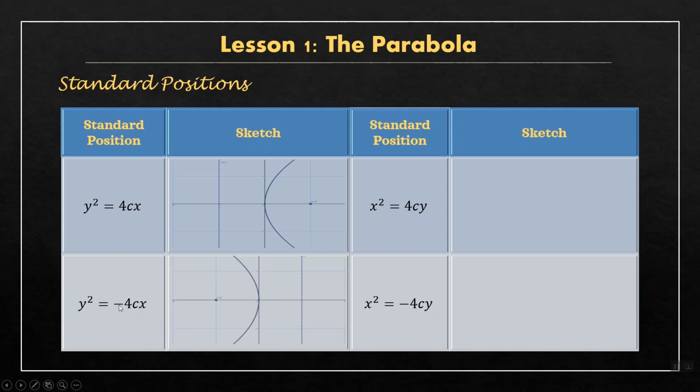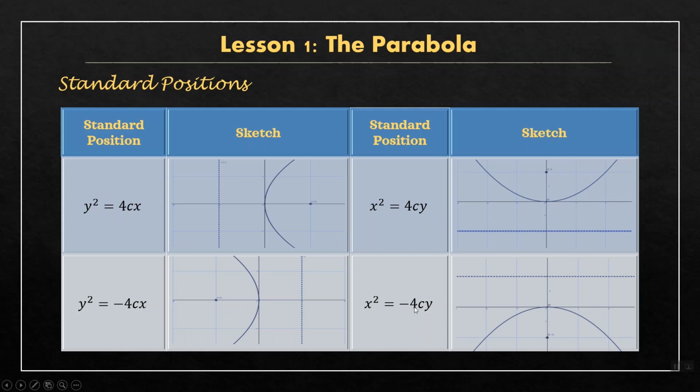So notice the focus is on the negative x-axis right here, and the parabola encloses the focus. And the third standard position is in the positive y. So the focus is on the positive y and the parabola is enclosing it. And the fourth one is in the negative y, so the focus is in the negative y and it's enclosing it. And it's always multiplication by 4 by the point of the focus.